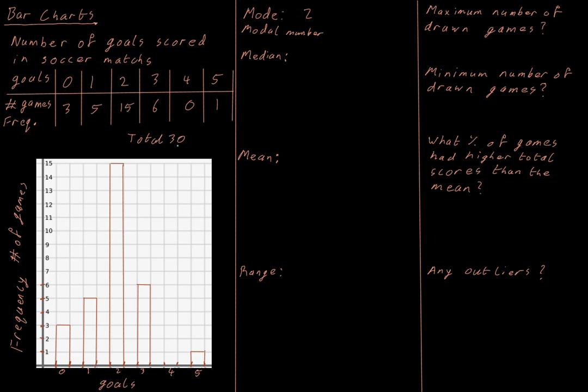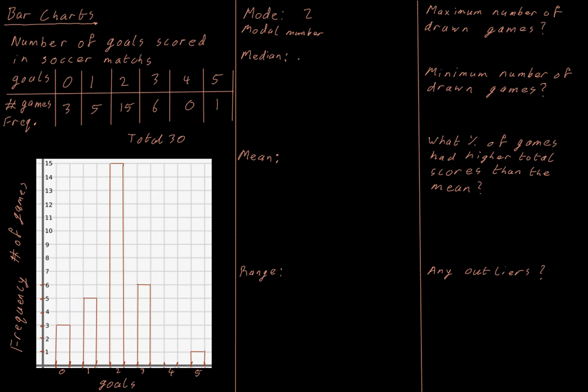So I have a total of 30. Now, if I think about a list of numbers as 30 long and I want to get exactly in the middle of it, the space between 15 and 16 is exactly in the middle of my group. So what I need to do is figure out what the 15th and 16th number in my list would be, and then I'm going to get the average of those two.